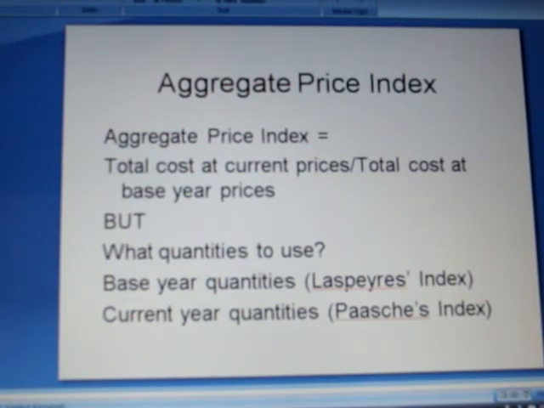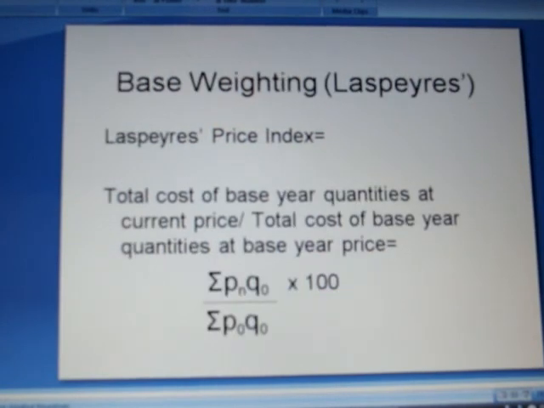If we use the base year quantities, it is called the Laspeyres method. So Laspeyres price index uses the base year quantities. And the formula is therefore total cost of base year quantities at current price divided by total cost of base year quantities at base year prices.